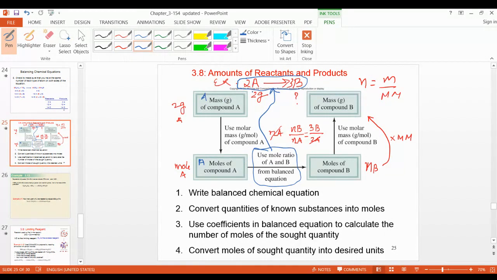How much A? 2A. And how much B? 3B. So the moles of A cancel, and only B continues. This mole of B, the product, changes to mass by multiplying by the molar mass of B. In this way you calculate the mass of the product. Okay.